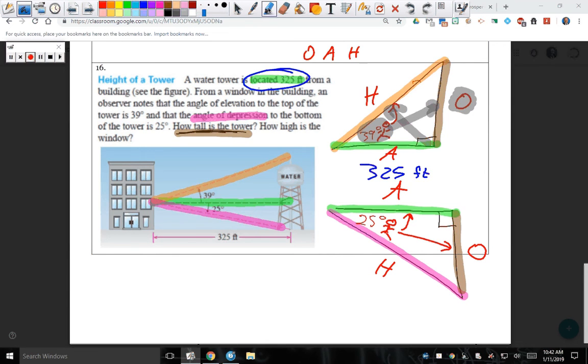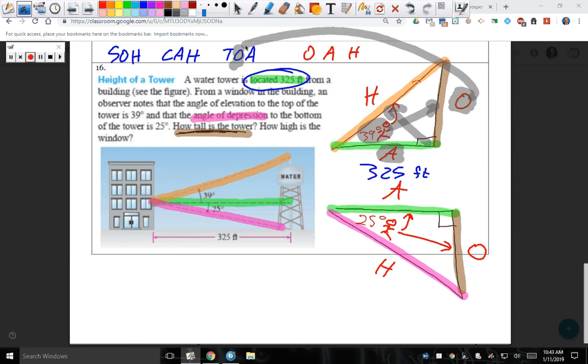So from where we're at, we're looking at O and A. So, SOH CAH TOA. Which one has those two letters? Tangent. O for opposite, way over here. A for adjacent, right here. And that's where we're going to set up our first equation.